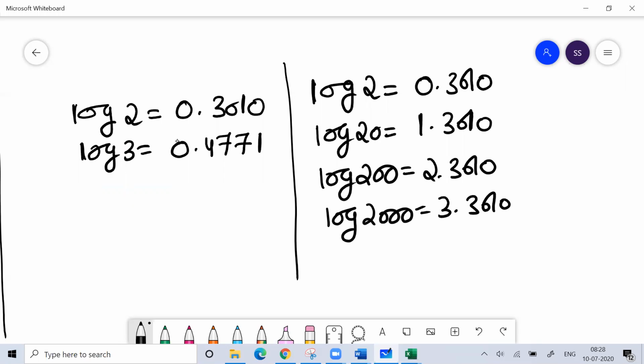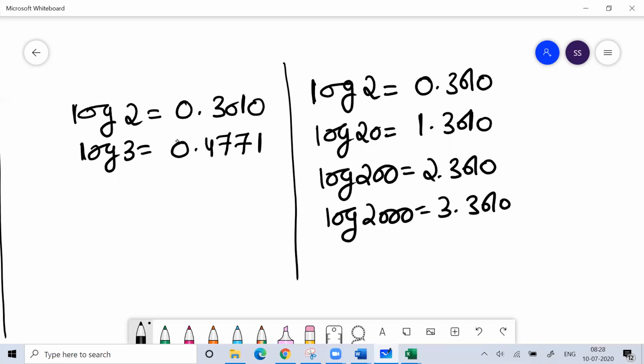What I want you to understand here is that whenever you find the value of log, you will get two parts: one part is the integer part, and one part is the decimal part. Log always gives you an approximate value, never the exact value, and it is a sum of two values, integral and decimal.